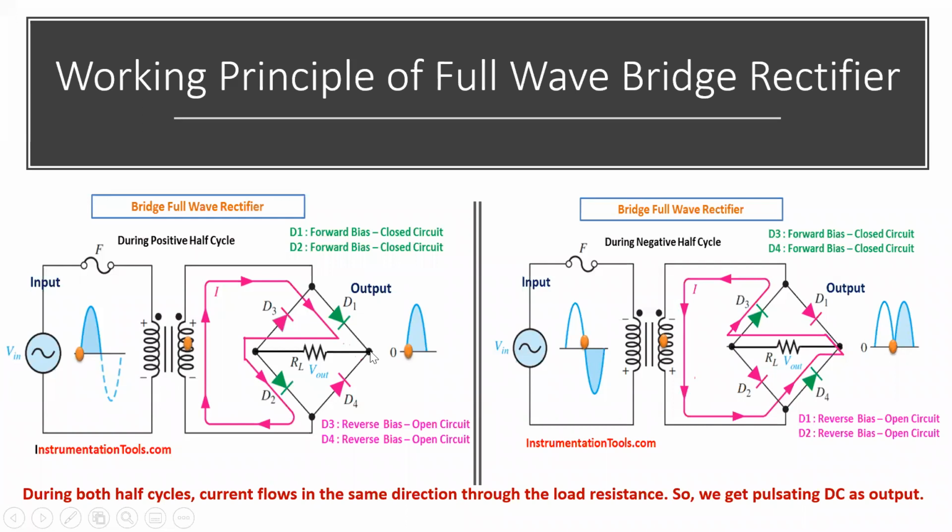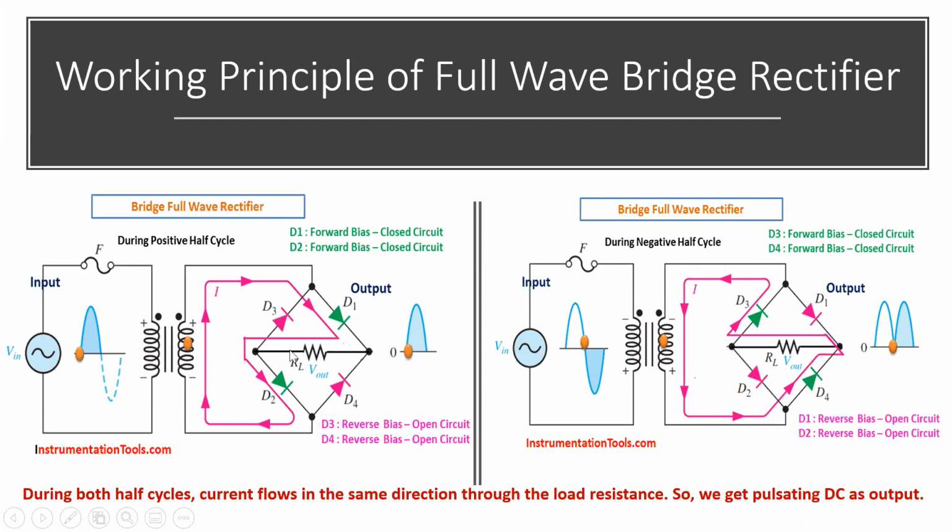It reached the junction here. Now, there are two paths for it, either through the load resistance or through D4. Will it flow through the load resistance or through D4? The load resistance. Again, it cannot flow through D4 because it is coming in a direction opposite to the arrow mark.